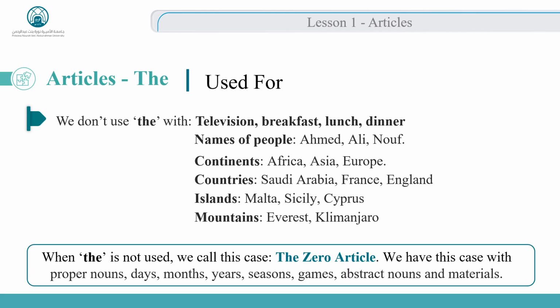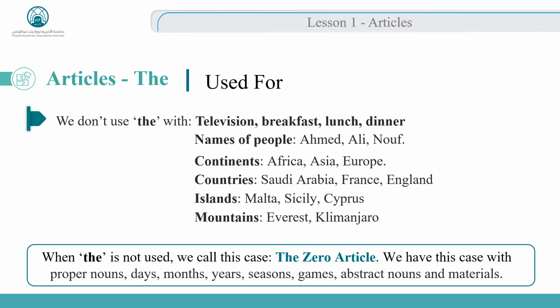The is not used before the names of continents. Africa, Asia, Europe. The is not used before the names of countries, except if the name of the country includes republic, kingdom, or states. Saudi Arabia, for example, when we said the complete name, the Kingdom of Saudi Arabia, we used the.